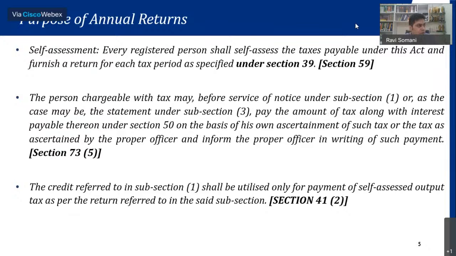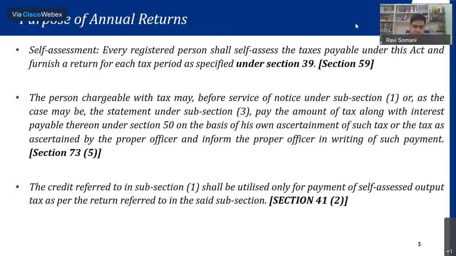Now, once we conclude that GSTR 9 is a self-assessment, it opens up a very important question: the form says that while paying taxes through GSTR 9, you cannot utilize input tax credit. Now, I am totally against this entire version. How can you say that you cannot utilize input tax credit while making a payment or remitting a payment while filing the annual return?